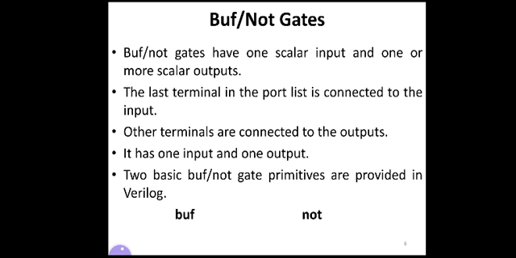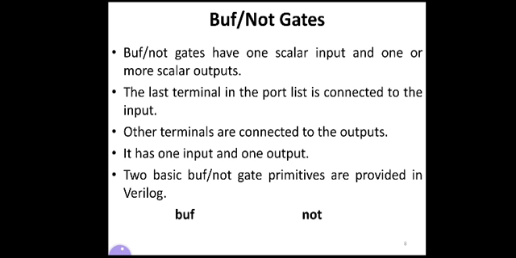The second one is the buff and NOT gates, that is buffer and inverter. buff is a keyword here and NOT is also a keyword, that is a predefined primitive. Why are they separated?